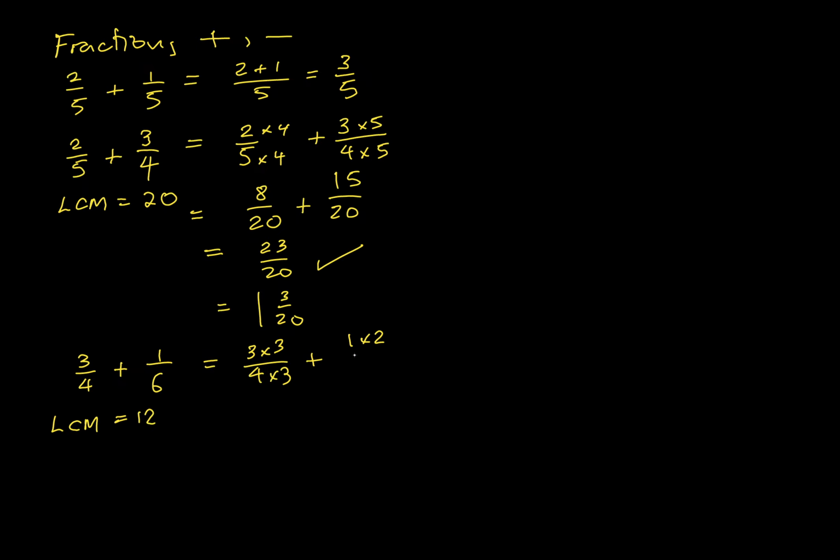Multiply this one by 2, that'll give you a 12 on the bottom there. And then that gives you 9 over 12 plus 2 over 12, which is 11 over 12.